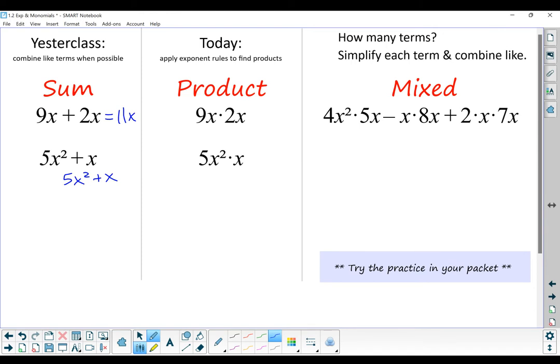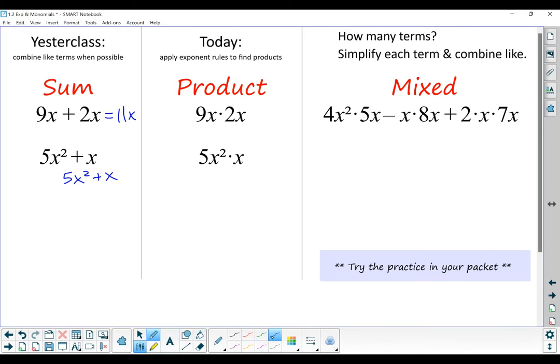When it comes to applying exponent rules to find products, though, we're always able to multiply two little expressions together. So we can, in this case, multiply 9x by 2x to get 18x squared.